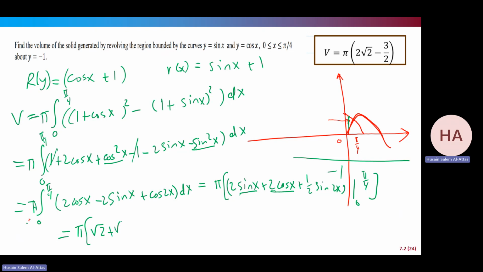Sine pi over 2 is 1, plus half, minus sine 0 is 0, minus 2, and cosine 0 is 1. So the answer is pi times, 2 root 2 over 2, plus half, minus 2, which is minus 3 over 2. And that will be the answer.